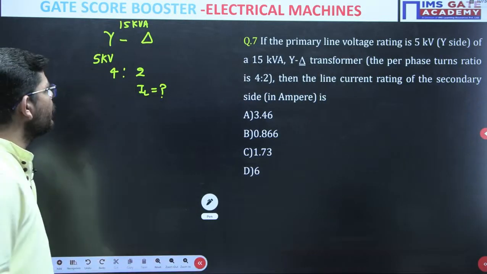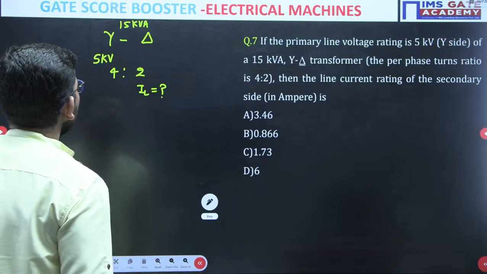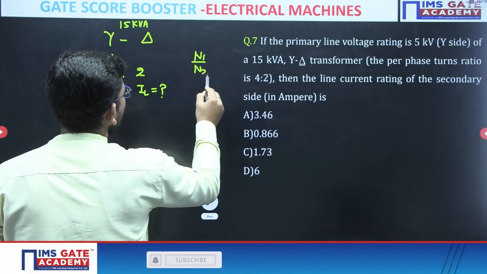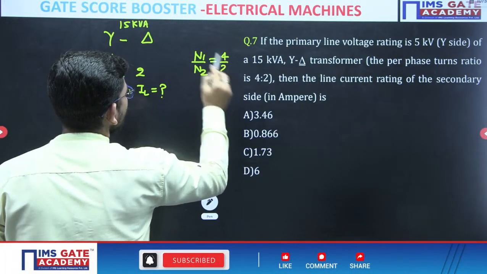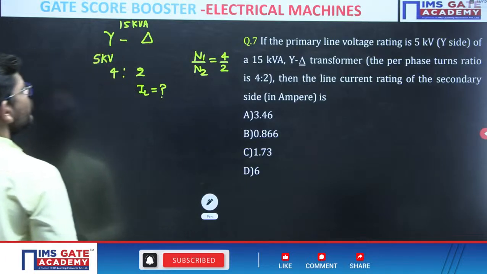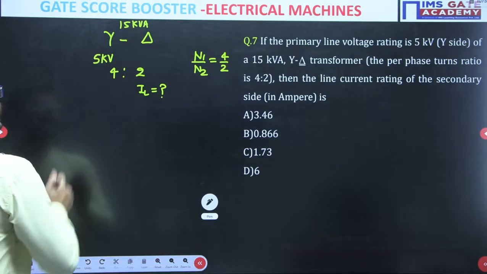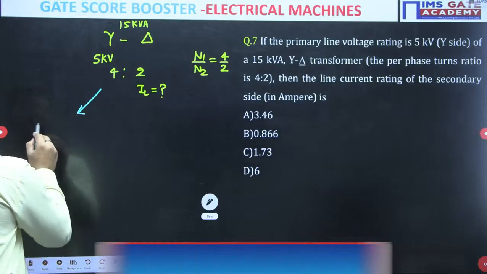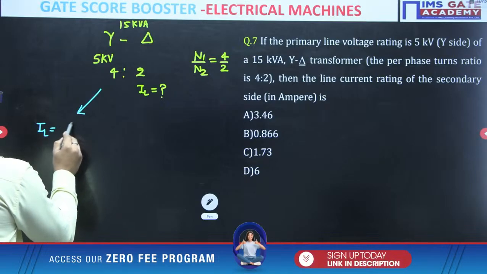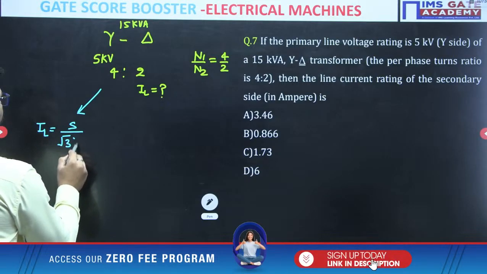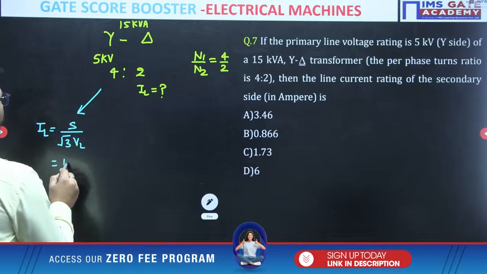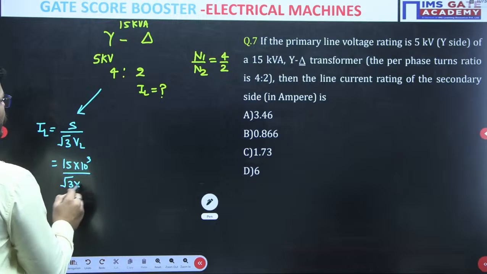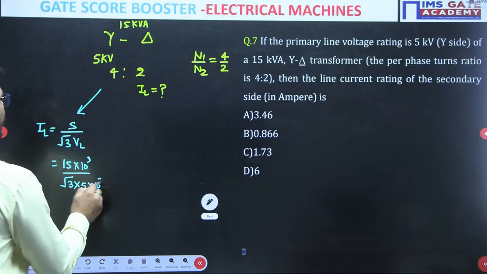Okay, let's see. We have been given the ratio N1 over N2, which is 4:2. Now let us calculate the current on the primary side. The line current will be S upon √3 VL, or 15 kVA divided by √3 into VL, which is 5 kV.